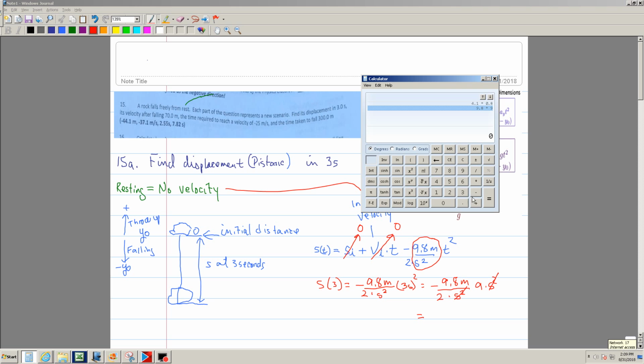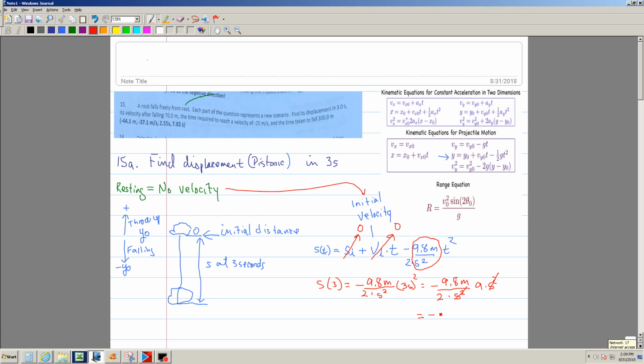It's negative 9.8 times 9 divided by 2, which is negative 44.1 meters.